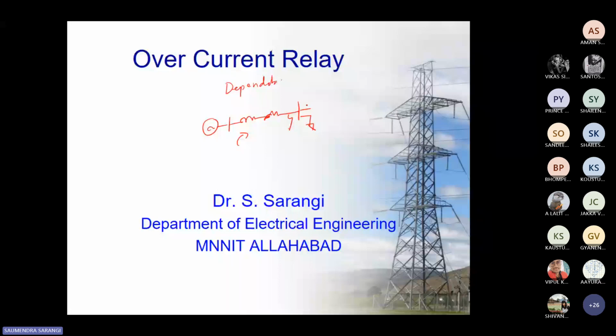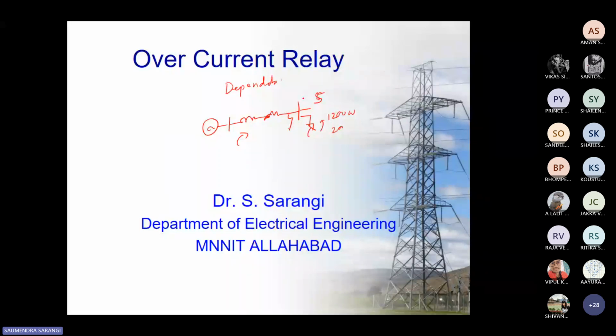Like I was giving an example, in your hostel we have a plug point which is designed for 5 ampere. 5 ampere means it may be a load of 100 watt or 200 watt like that. However, whenever we plug in a load of 1000 to 1200 watt or 2000 watt, like a heater, it will draw more current, like 10 ampere.